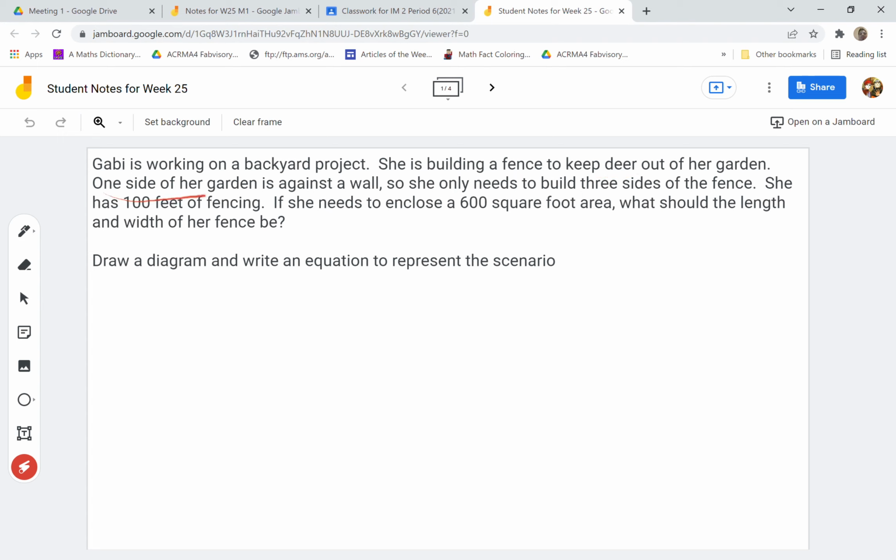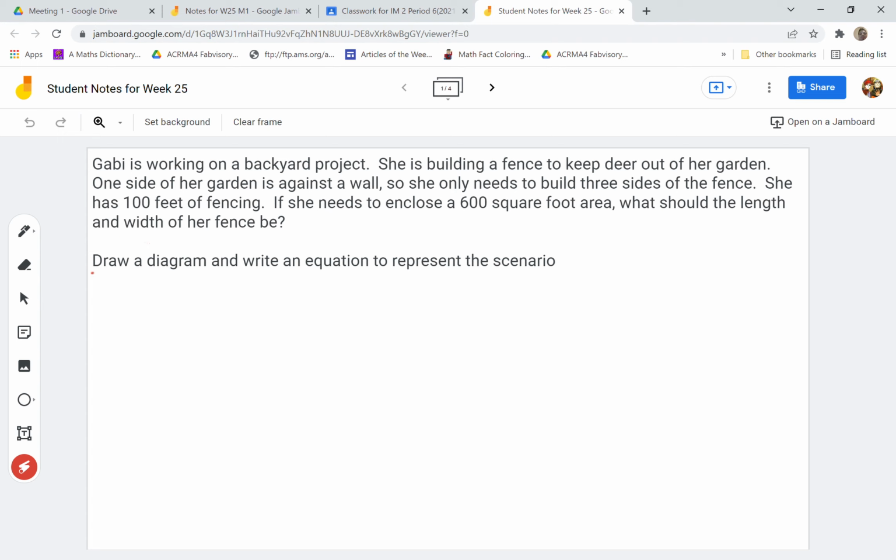One side of the garden is against a wall, so she only needs to build 3 sides of the fence. She has 100 feet of fencing. If she needs to enclose a 600 square foot area, what should the length and width of her fence be?